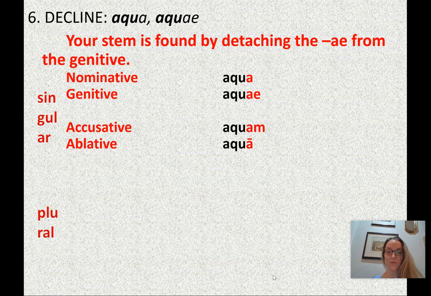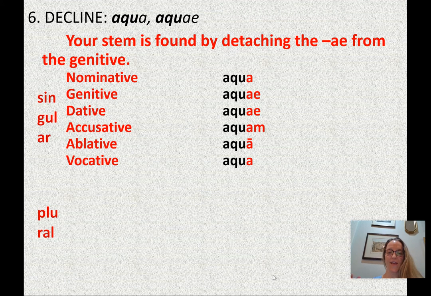I put those in because we've seen them before, and there's a reason why we will learn them sooner than dative and vocative. But as you're going down, you can go ahead and write in A, AE, AE, AM, A with a macron, A. Those are your singular endings.